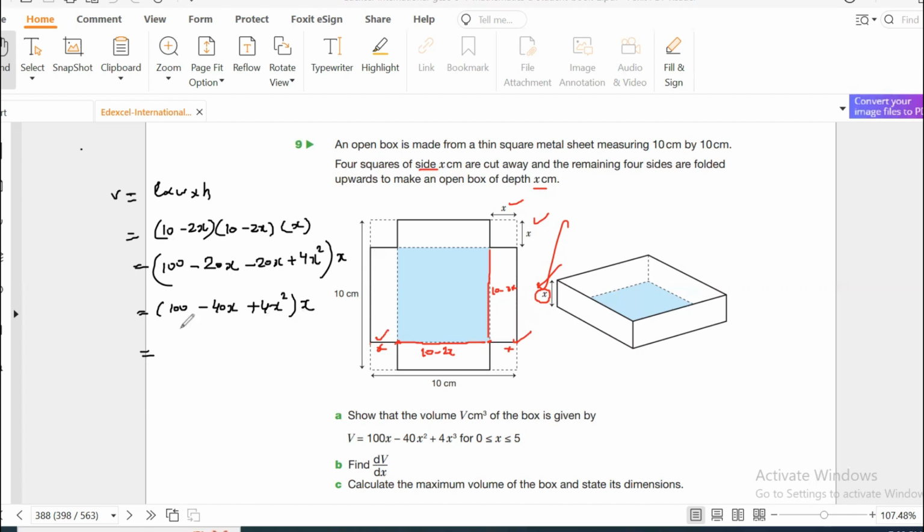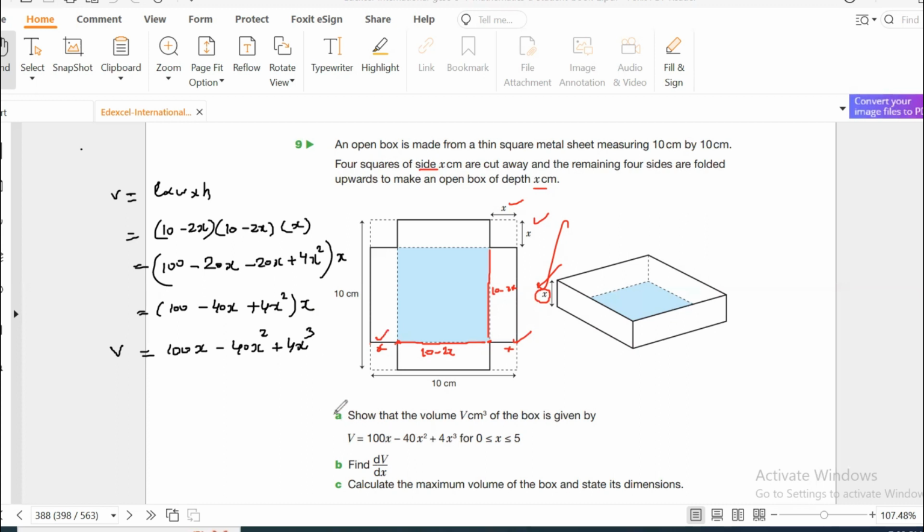If we multiply x throughout the equation, the right side is 100x minus 40x squared plus 4x cubed. This is our required volume, and we showed that. They also write the same thing: 100x minus 40x squared plus 4x cubed.